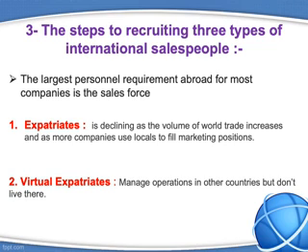And the first type to be discussed is expatriate. And this type is declining as the volume of world trade increases and as more companies use locals to fill marketing positions.